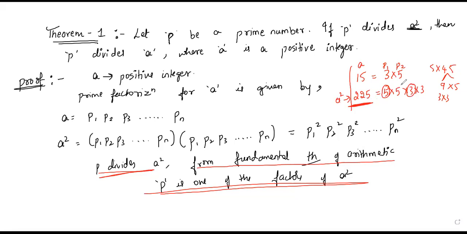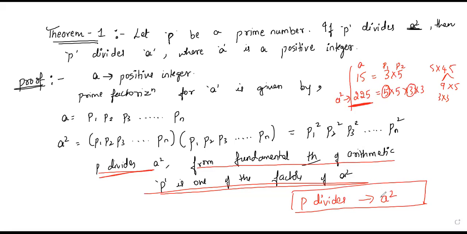You have 3 and 5 in 225 also for the factors for 225. That is the meaning of this sentence. If P is the factor of A square, then obviously P divides A square. That's it. Simple.